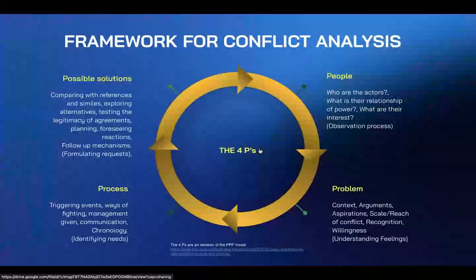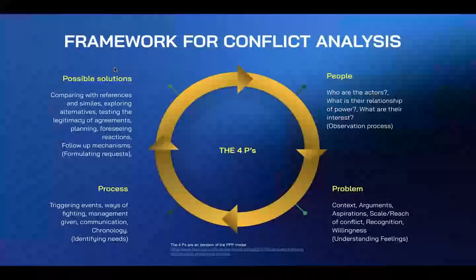We also have this framework for conflict analysis that we like to call the 4 Ps. That is people, problem, process, and possible solutions. So we are identifying observations, feelings, needs, and requests, but also who the people and the actors are, what the relationship of power is, what the interests are, and how the relationship between the actors is.